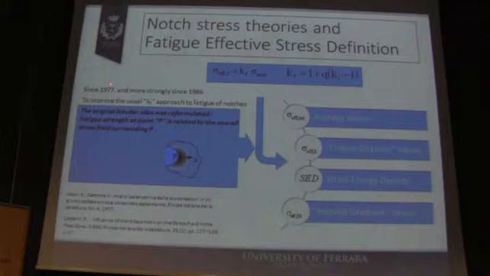But since 1977 and more strongly since 1986, Professor Lazzarini and Professor Azzori went back to the original Neuber's idea to relate the strength at point P not only to the stress field at the point P, but to the stress field surrounding the point P. And that's why many researchers coming from that group developed several theories, but almost all of them are related to that sound idea.